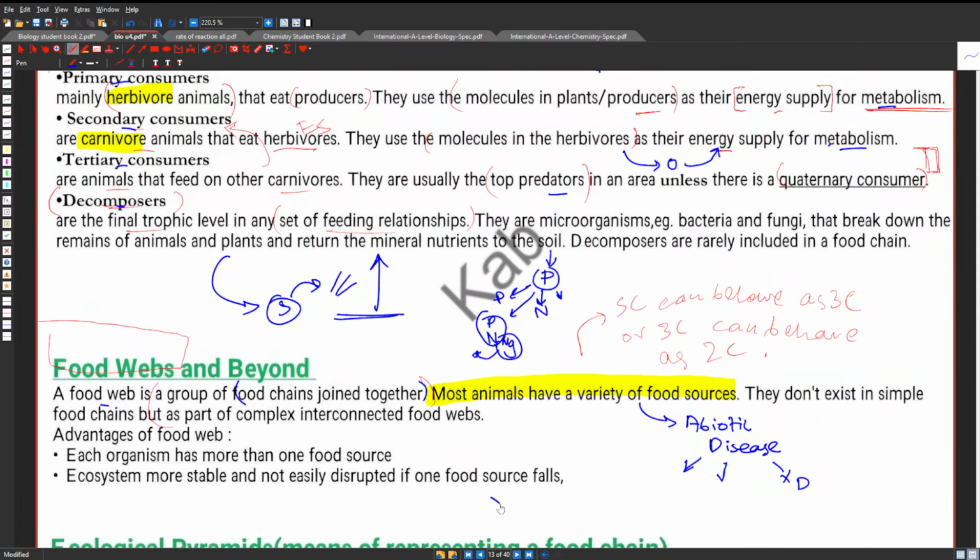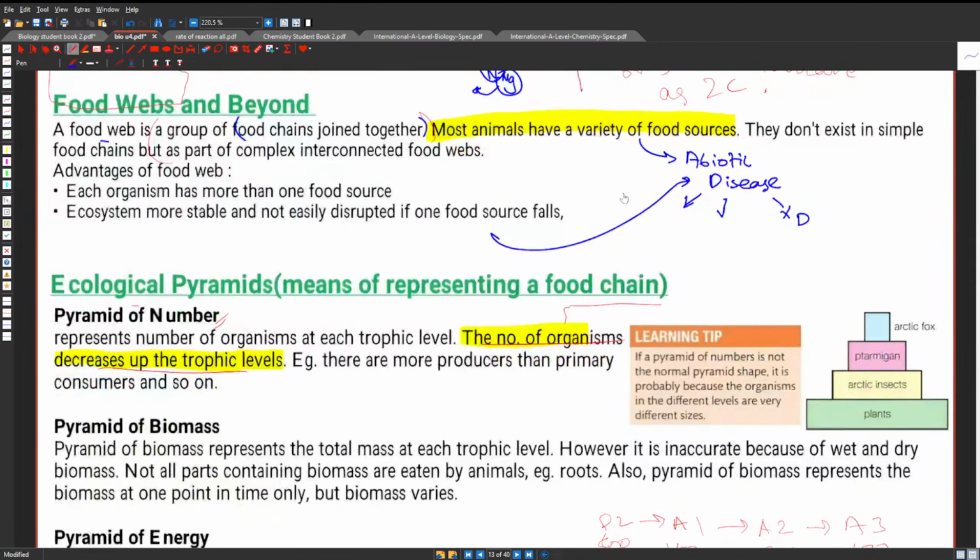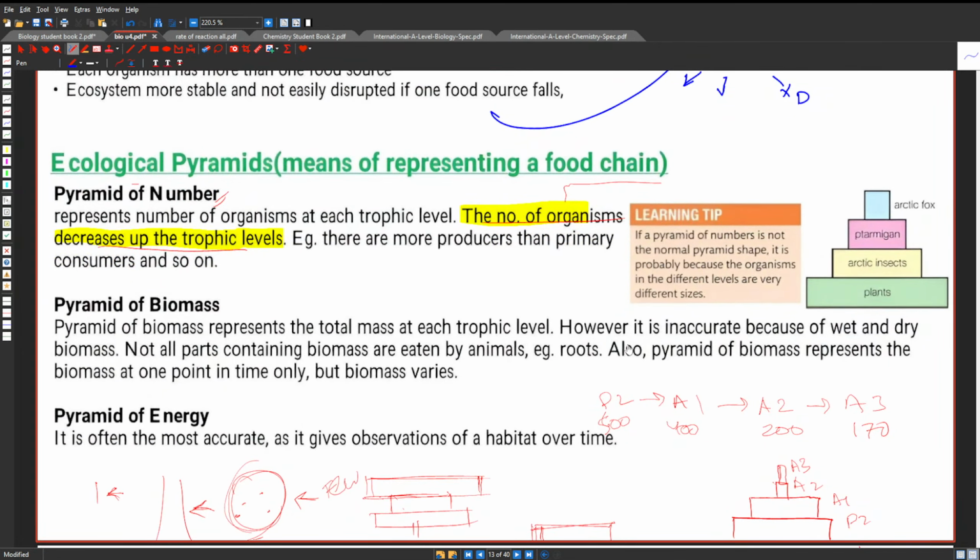Also, I think this can link to this. Ecological pyramid.